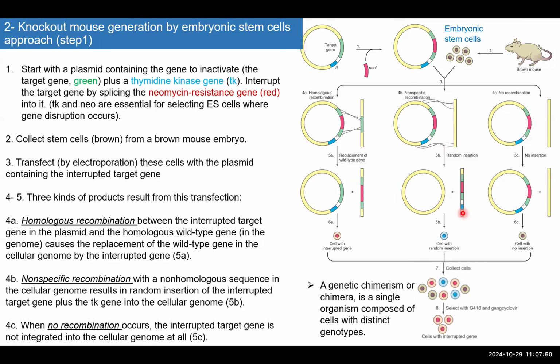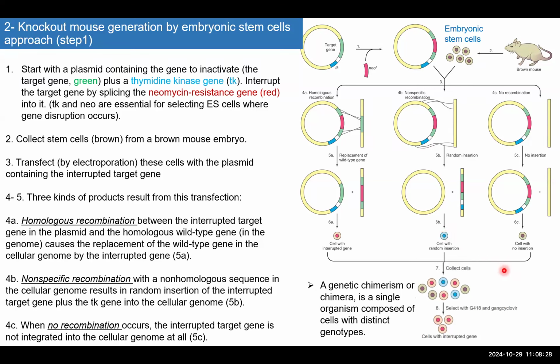And therefore, if we add a drug that is activated by the thymidine kinase, we can kill those cells. So that's why we have the thymidine kinase downstream, because we want to know if unspecific recombination like this one happens away from the gene, it would take this small part with it. And therefore, if this unspecific recombination took place, we could kill those non-specific recombinant cells by adding the drug for the thymidine kinase gene.